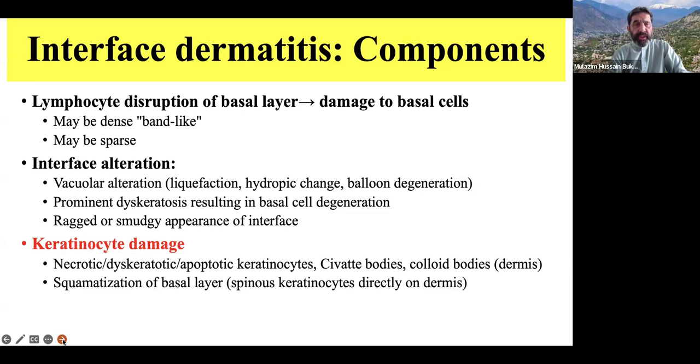And the third thing is when the dermoepidermal junction separates, keratinocytes are destroyed, and this destruction is called dyskeratosis. Usually you see it in the basal layer. These dyskeratotic cells can migrate toward the dermis; that is called colloid bodies or civatte bodies.